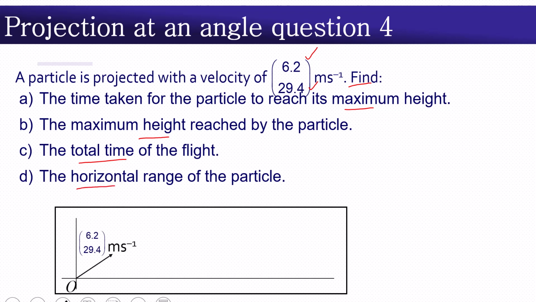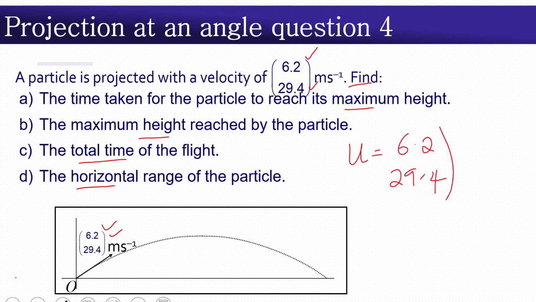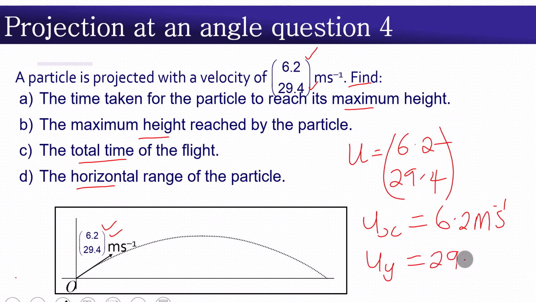So this is how a particle moves, and they have given us this velocity. Here we do not need theta, so you don't need to worry. Since they have given you u as 6.2 and 29.4, that means u in the x will be 6.2 meters per second, and u in the y will be 29.4 meters per second.